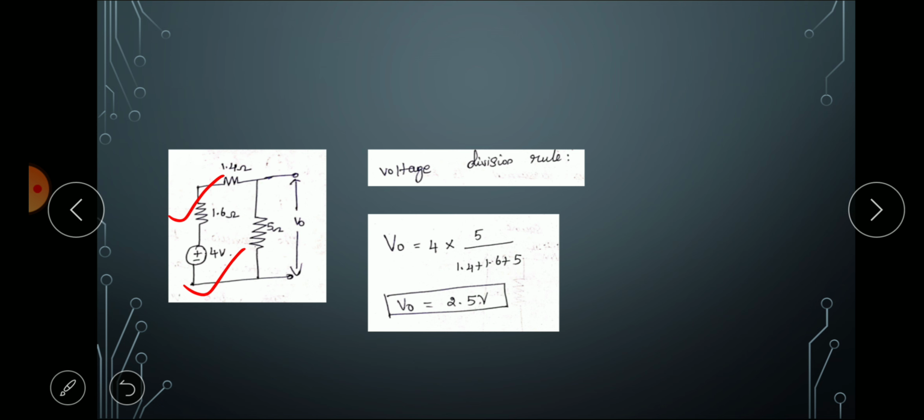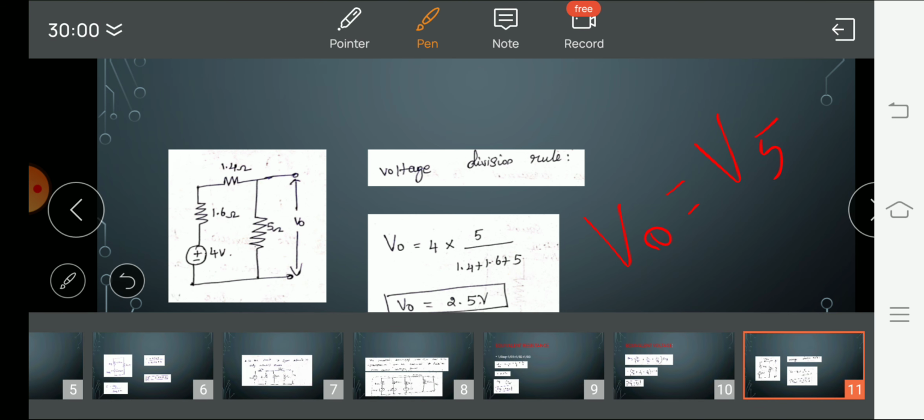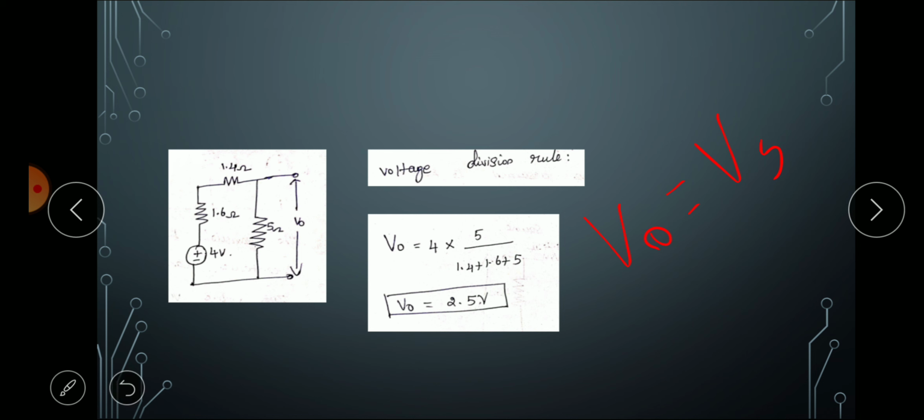In this circuit, we have to find V naught, that is the output voltage, by using the voltage division rule. Already we know the formula for the voltage division rule: total voltage into the same resistance divided by the total resistance. In this circuit, V naught is nothing but the voltage across the 5 ohm resistor. So the total voltage is 4 volt.